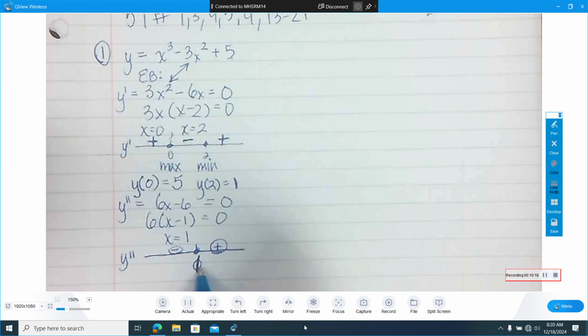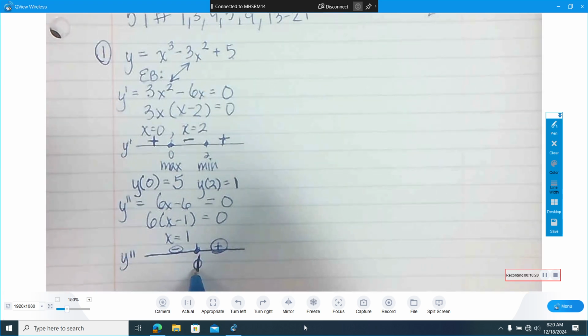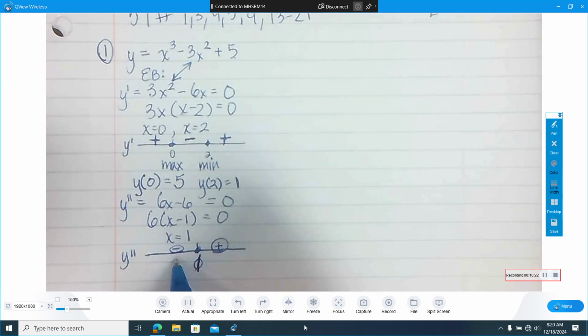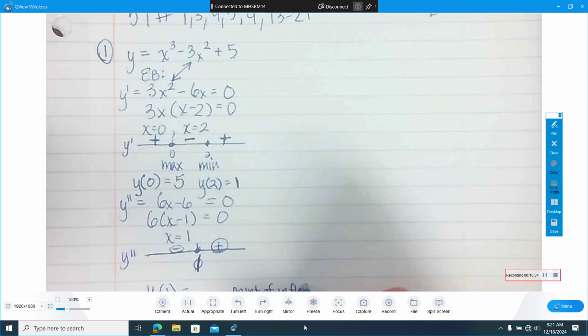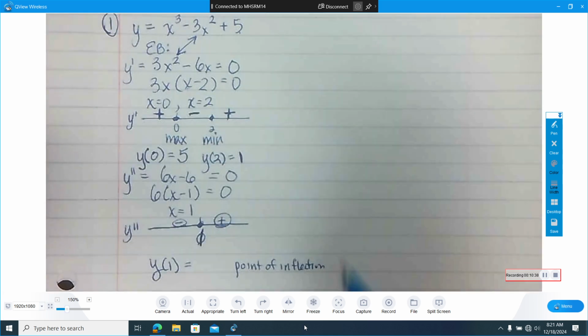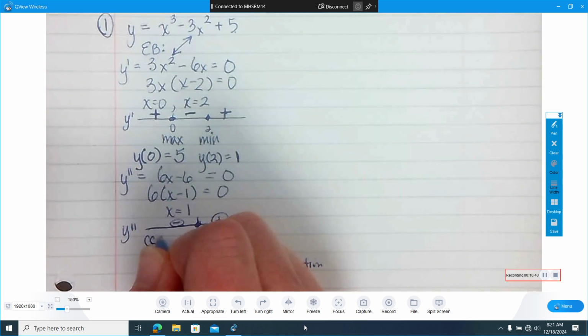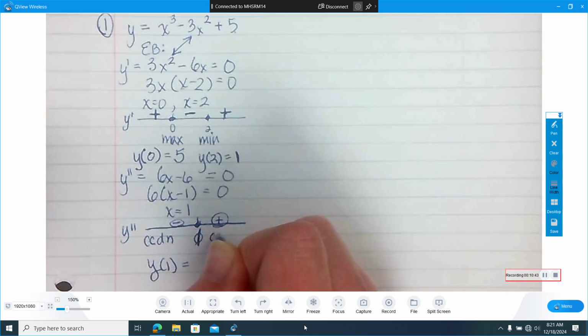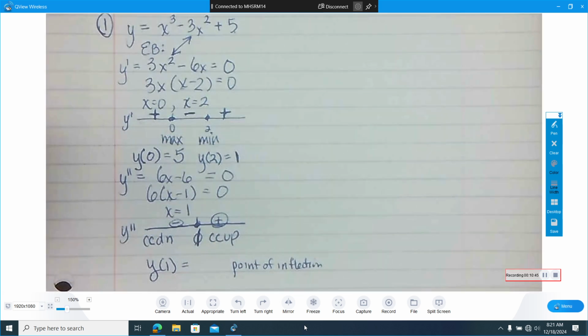And so you can see right here, we do have a point of inflection because we're changing from concave down to concave up. So at 1 is a point of inflection. So we're changing concavity, concave down to concave up. So I'm going to write that in. Concave down. Over here, we're concave up.